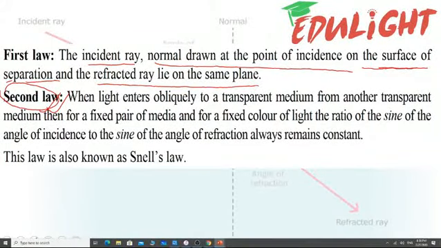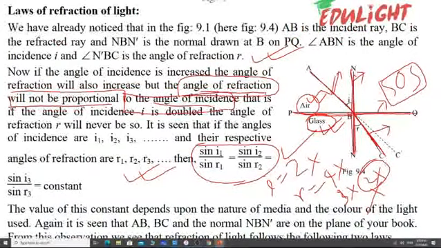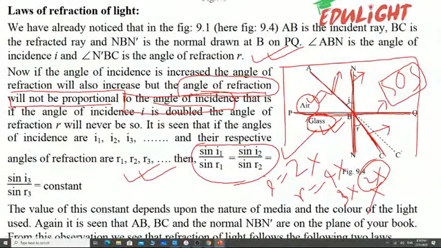So all will lie on the same plane, which is what the first law says. This is the plane the first law is talking about, the two-dimensional plane which has both coordinates x and y. It is called 2D coordinates.